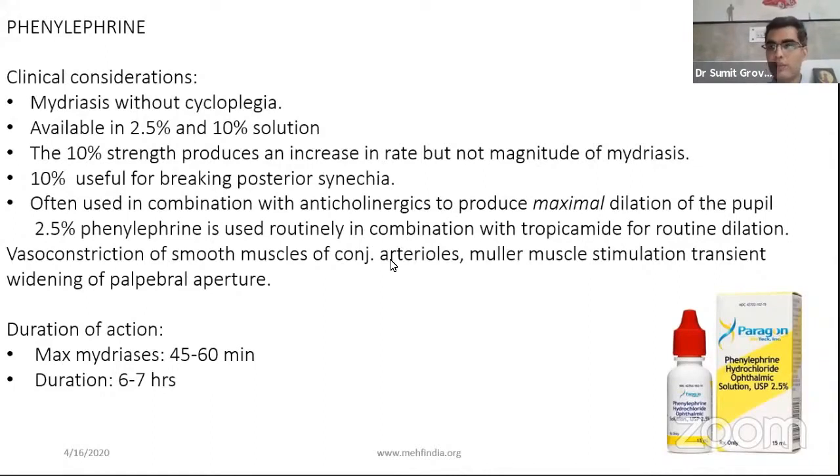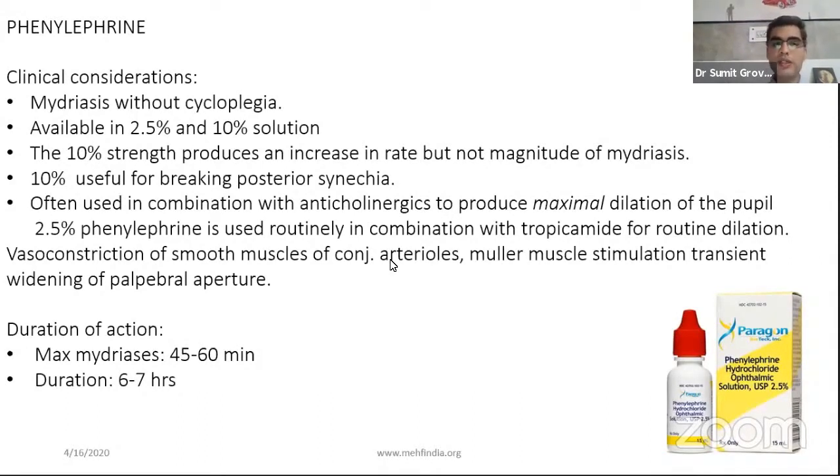And it is not cycloplegic because it does not paralyze the ciliary muscles. It is available in 2.5 and 10% solution. 2.5% phenylephrine is routinely used in combination with tropicamide, as I already told you. 10% is seldom used, and was useful for breaking posterior synechiae, and the majority of the side effects are associated with the 10% solution.